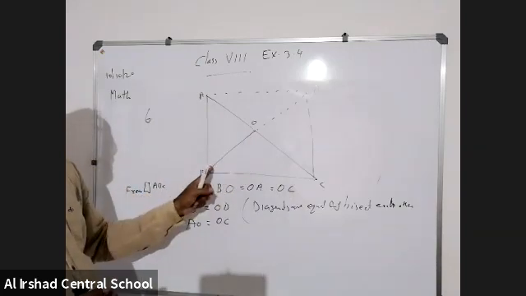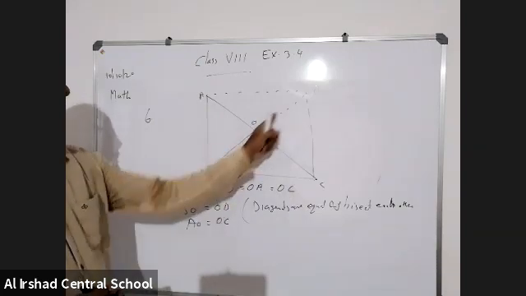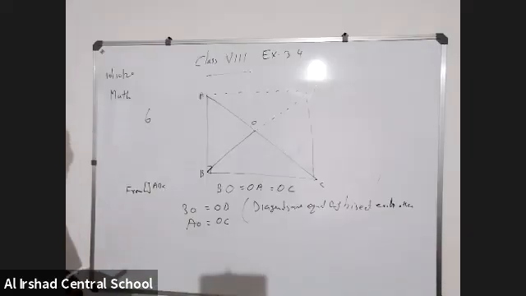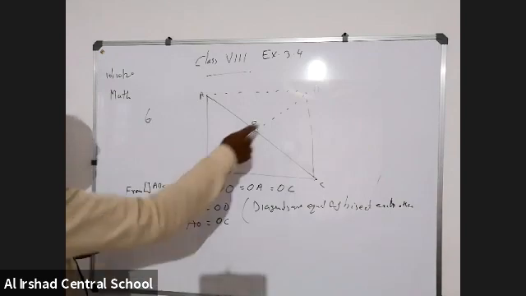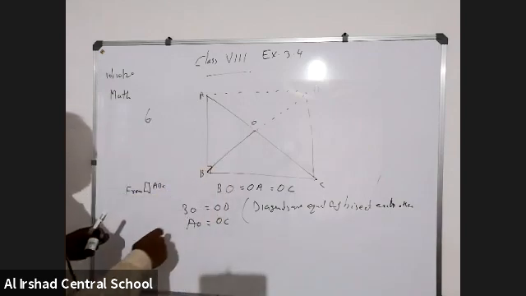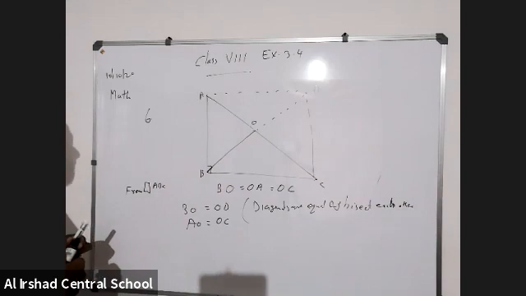Half of BD means BO, half of AC means AO. Diagonals bisect each other, so BO is half of BD. Diagonals are equal.